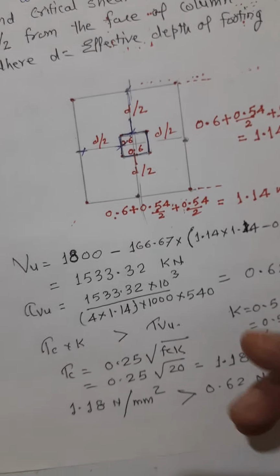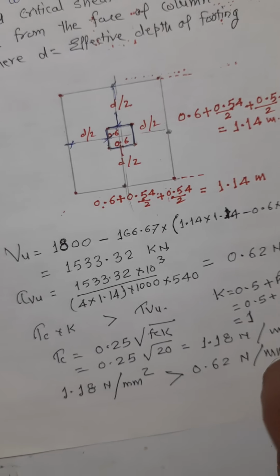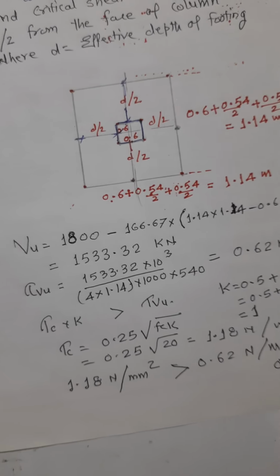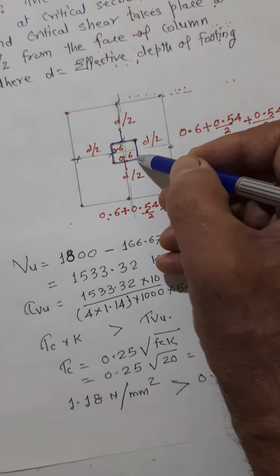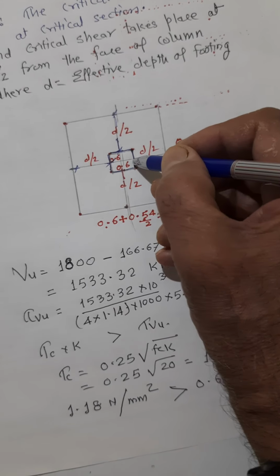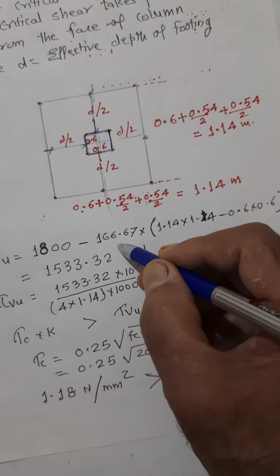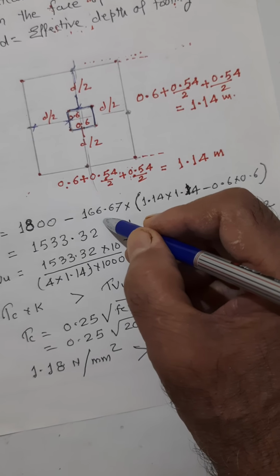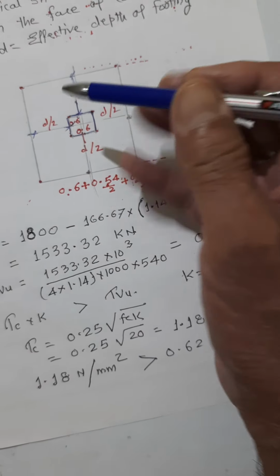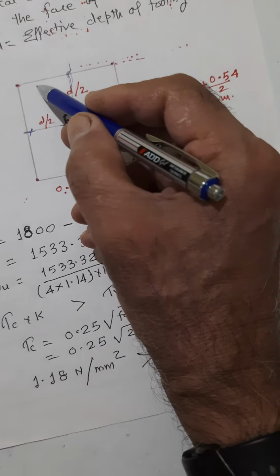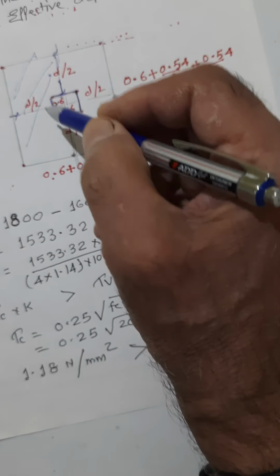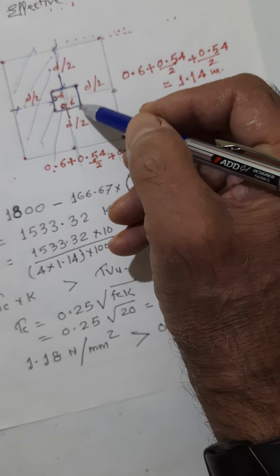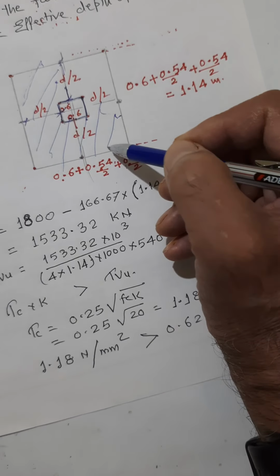Now we'll have to find out the net force, that is Vu. Vu can be calculated as this downward force of 1800 kilonewton minus upward pressure into the hatching. The only portion we have to consider is only this much portion, not full.